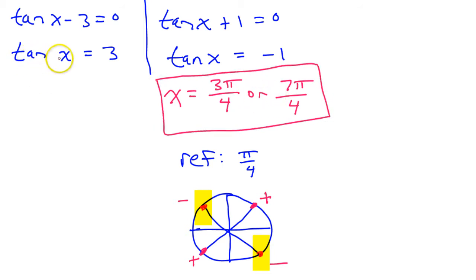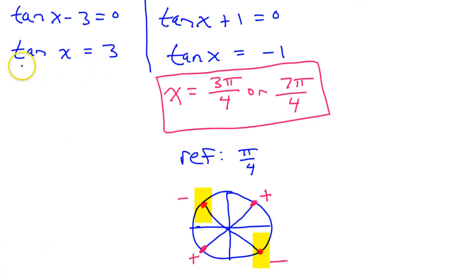So now, the tangent of what angle is equal to 3? Now, looking at the left side, tangent x equals 3. I do not see a way to do this without a calculator. And later, if I figure out how to do it without a calculator, I will come back and show you.